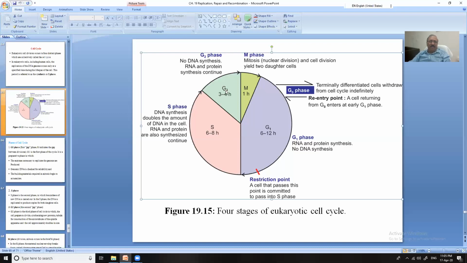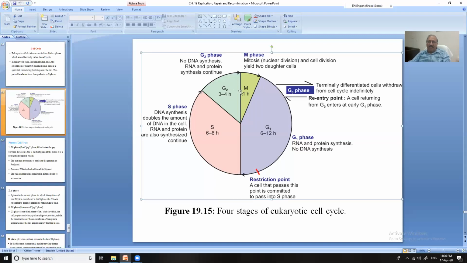Then in the G2 phase, there is no DNA synthesis, but RNA and protein synthesis continue. So you can say here replication, transcription and translation all happen in S, while in G2 there is no replication, but transcription and translation are happening.